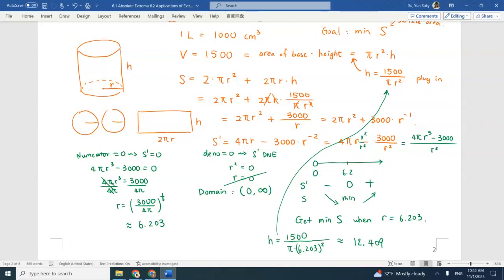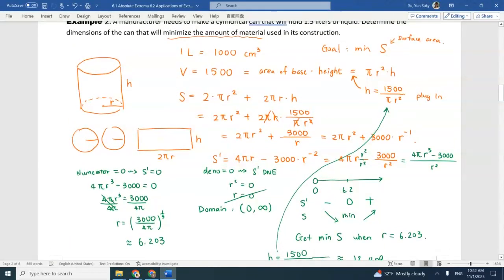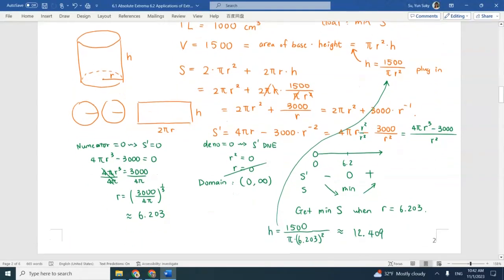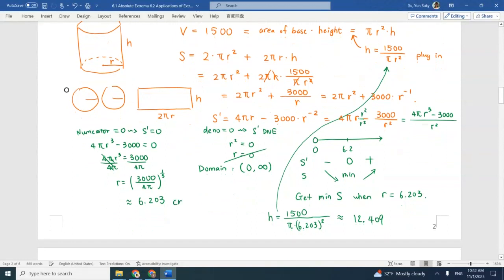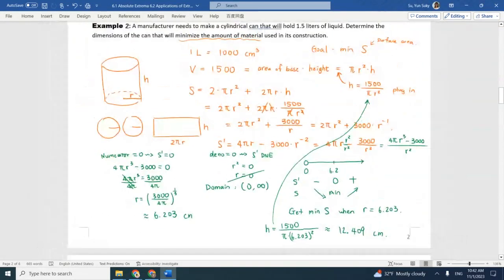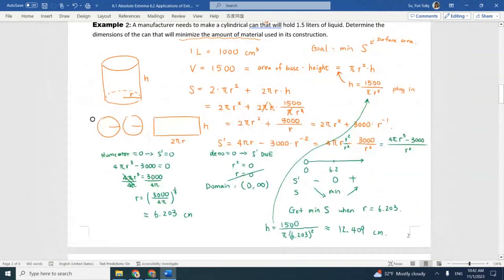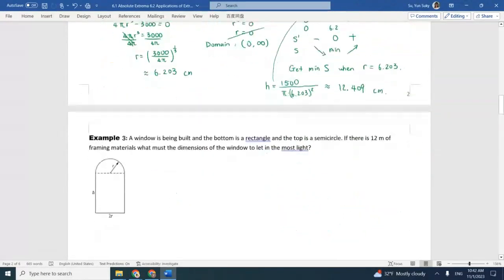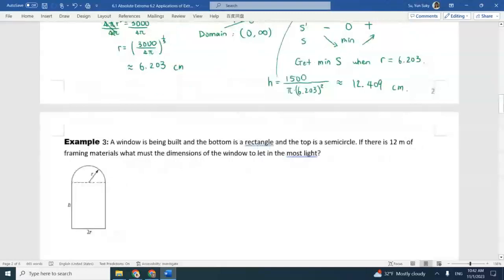All right, and the unit is what? This is centimeter cubed, and this is centimeters. Yes, cm. So that finished the problem. So far, so good, everybody? Yes? So we continue.